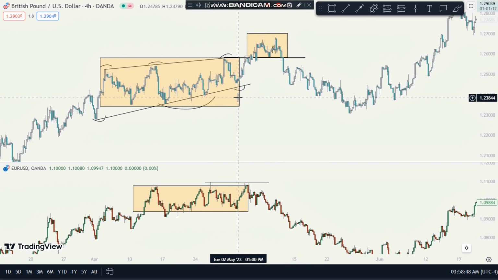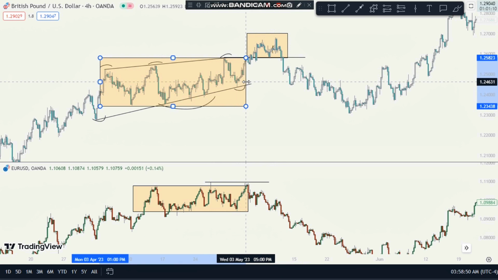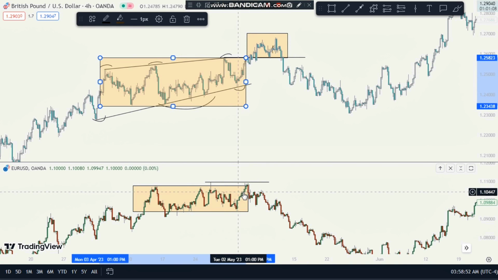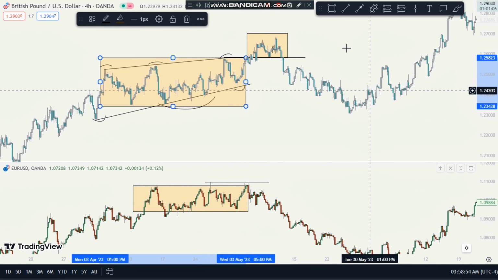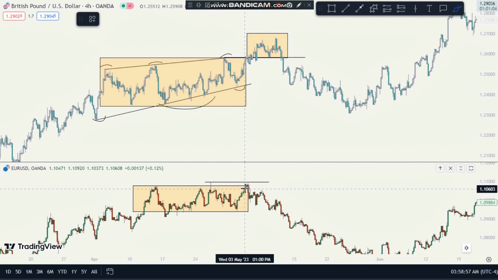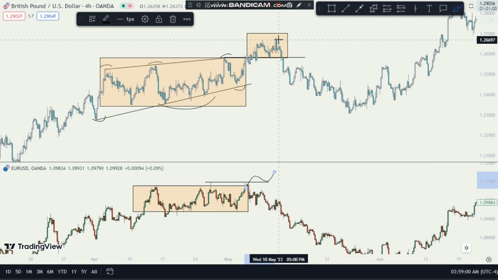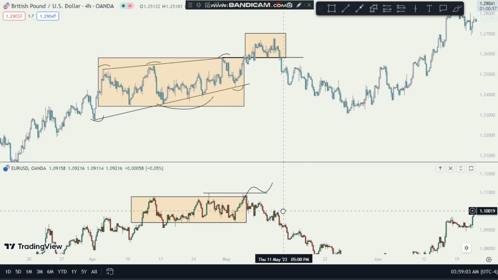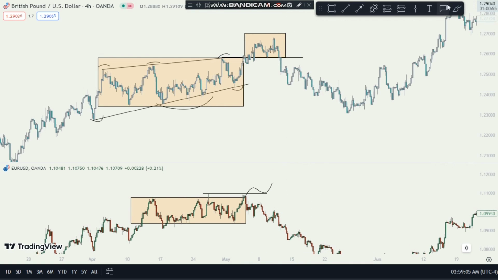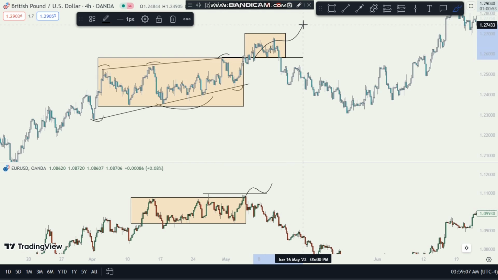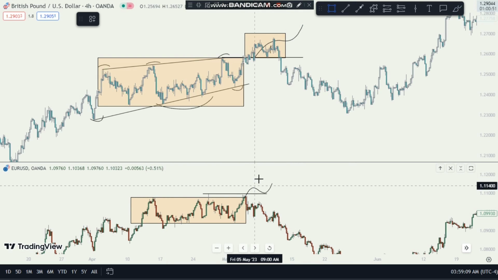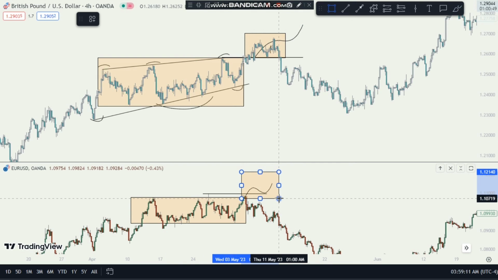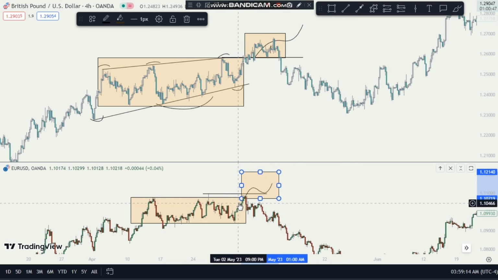So in PO3, on higher time frames, you have to look for the manipulation on the euro too. There is no manipulation on the euro. There is SMT divergence. This is called SMT divergence when the price of one pair goes up and the other doesn't.